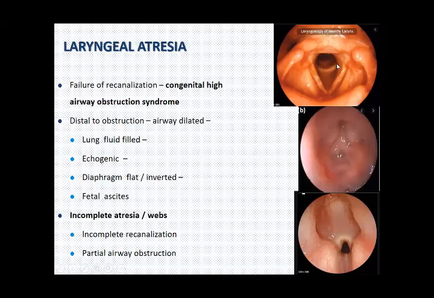Now what happens is, मैंने आपको बताया था कि the lumen of the developing larynx, laryngotracheal tube, इसका lumen is occluded by proliferation of the endoderm. The epithelium lining जो laryngotracheal tube की है, that proliferates and it occludes the lumen.